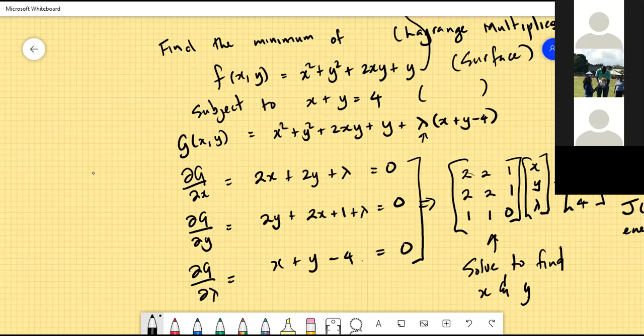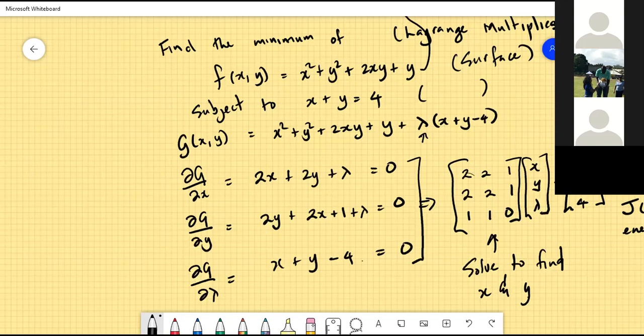That would give you the values of x and y, the minimum point on that function. All right, and that is called Lagrange multipliers. Like I said, we're not interested in solving this. We're just showing you what is done to minimize a function.